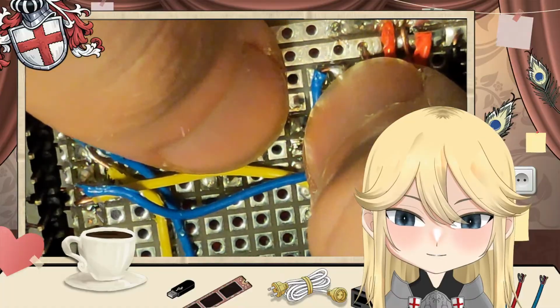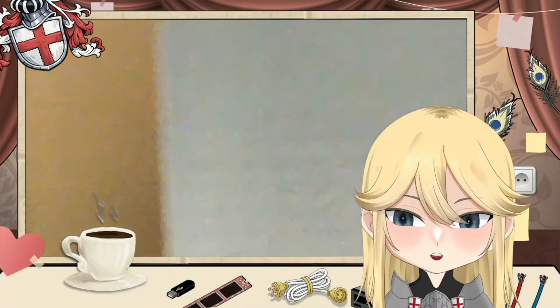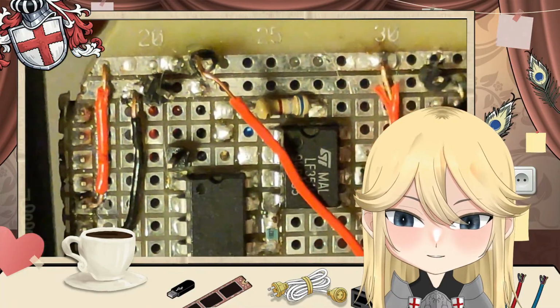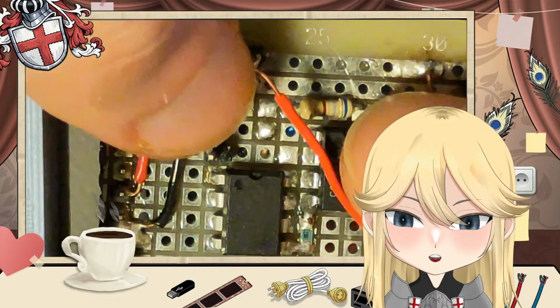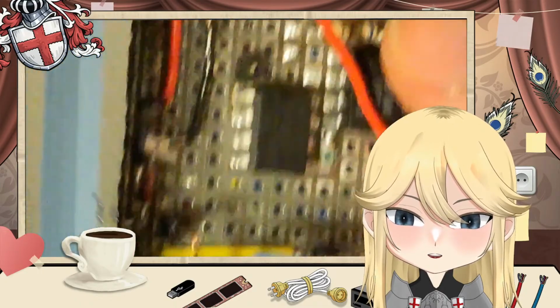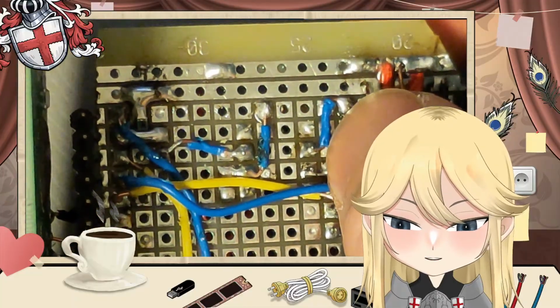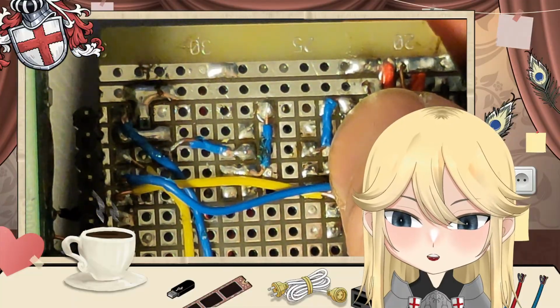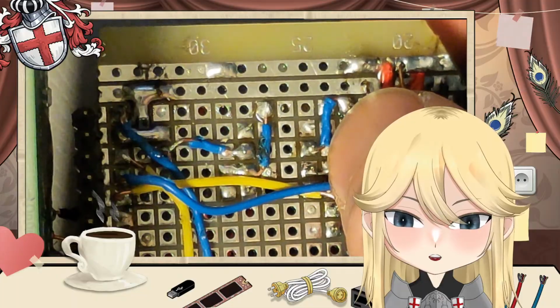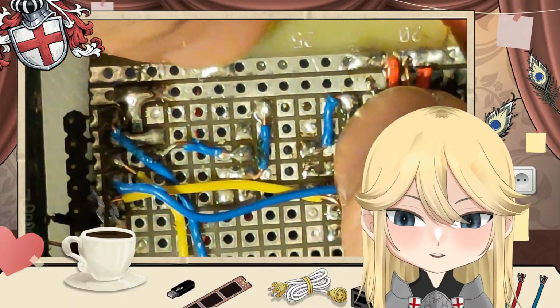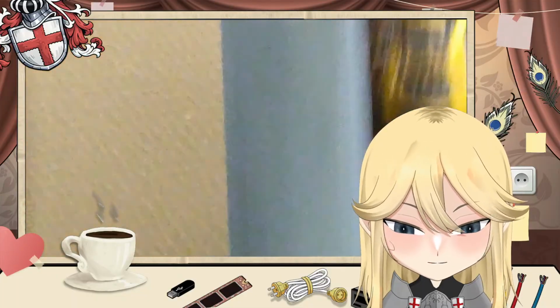What is this pin? On the other side, nothing. Nothing. What is it on this side? Connected to this pin, which is... Oh, I think we messed up our connections over here, huh?